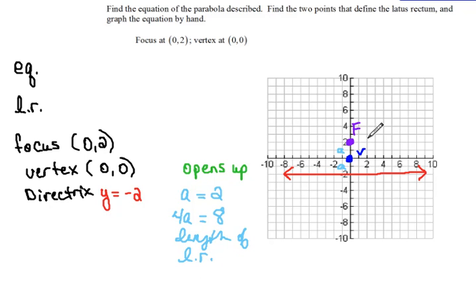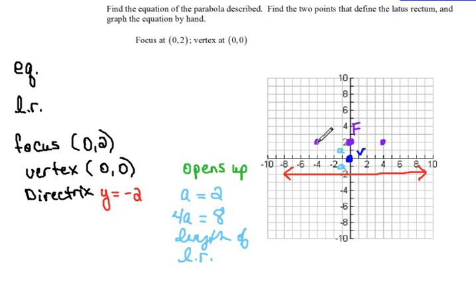So the latus rectum, remember, is the line that runs through the focus and has as its endpoints the parabola itself. If that's 8 units long, and because of symmetry we have half on one side and half on the other, then that means that we're going to go 4 units in either direction from the focus to find the endpoints of our latus rectum.